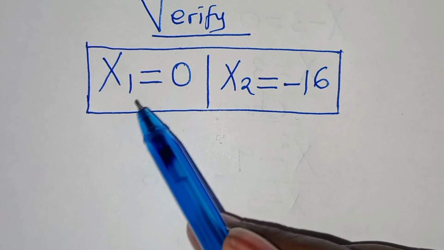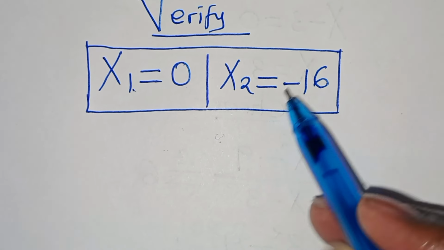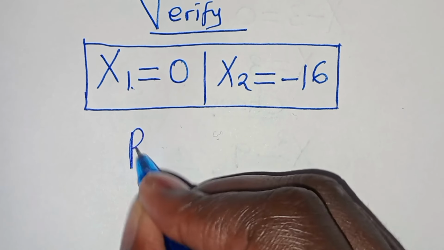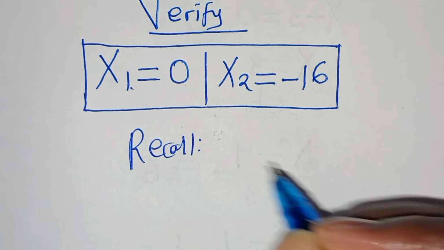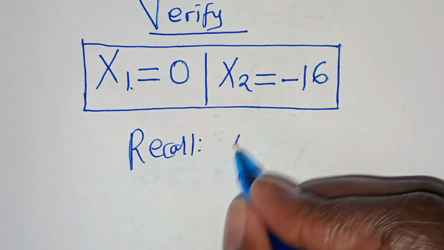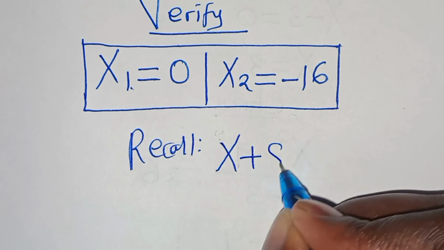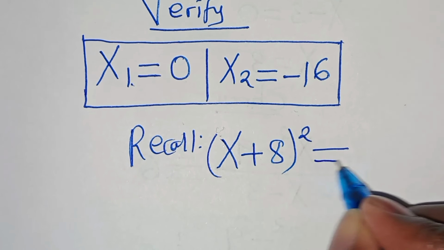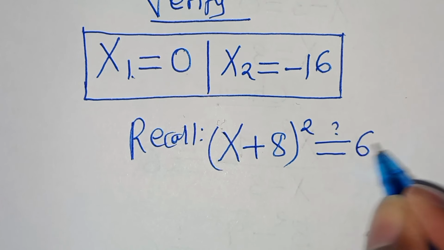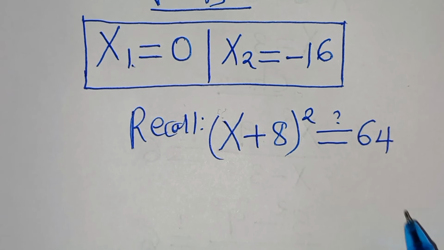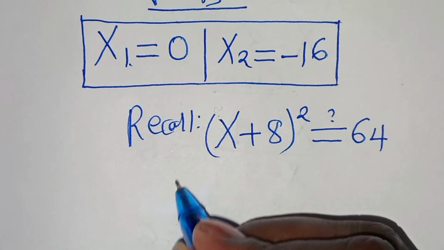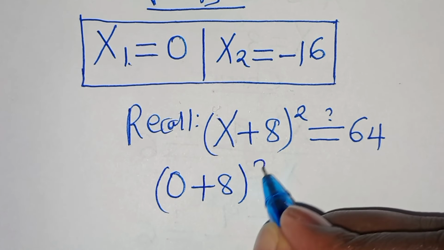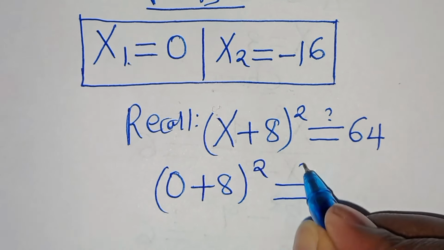Now let's verify that x1 and x2 satisfy the equation. If you recall, we have that (x + 8)^2 is supposed to give us a value of 64. Let's start with x1. We have (0 + 8)^2, which should be equal to 64.